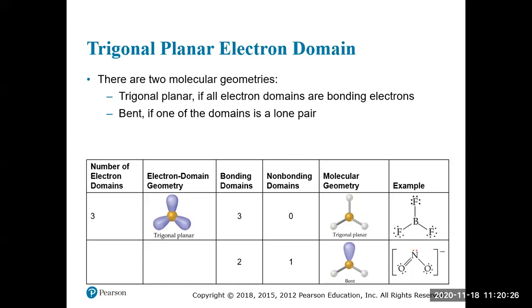When we look at the next example where we have 2 bonding domains and 1 non-bonding domain, so that's the NO2 ion there on the right, we see the bonding electrons going with the oxygen atoms, and then we see the lone pair signified by that kind of bluish balloon looking thing.